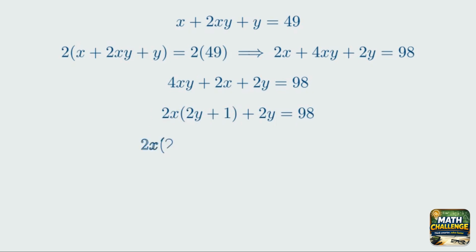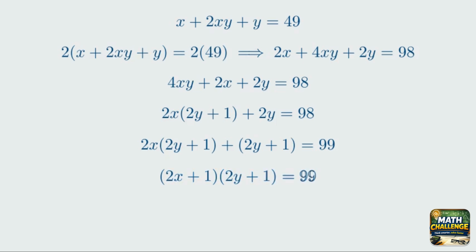This gives us 2x times the quantity 2y plus 1, plus 2y plus 1 equals 99. Look at that. We now have a common factor of 2y plus 1 in both terms on the left. We can factor that out. Factoring it out, we get the quantity 2x plus 1 times the quantity 2y plus 1 equals 99.